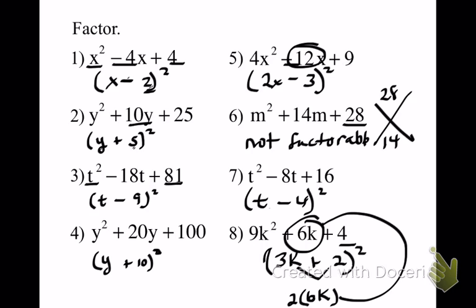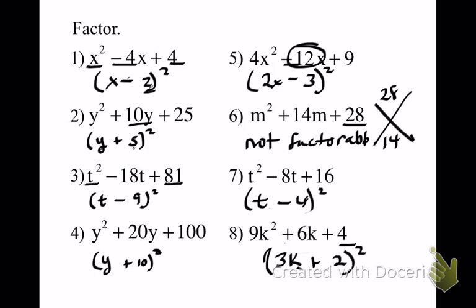No, it doesn't. So actually, this is not a perfect square trinomial. It cannot be factored, not as far as we know at this time. This is not the right answer, and we are going to write not factorable. Okay? Questions?